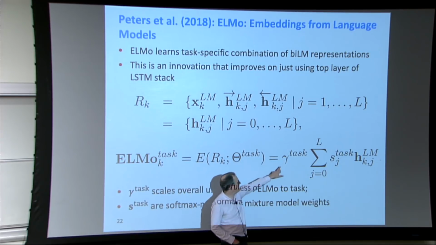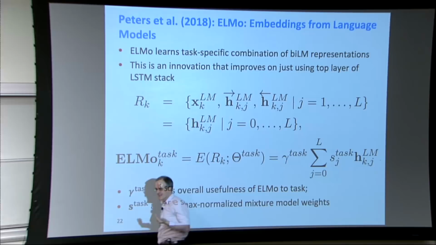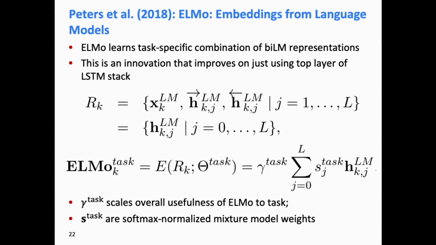There's one other bit here, which is they learn a global scaling factor gamma for a particular task. And this allows them to control that for some tasks, the contextual word embeddings might be really useful, and for other tasks they might not be so useful. So you're just sort of learning a specific usefulness for the entire task.